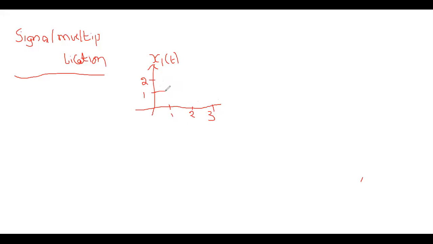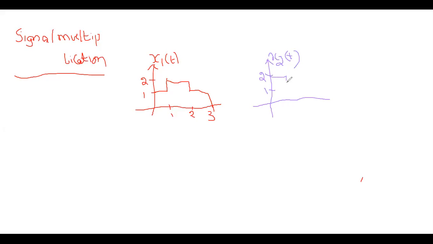Okay. Now this is x1 of t and this is x2 of t. For your reference, again I am considering the same signals that we have taken for signal addition and signal subtraction.